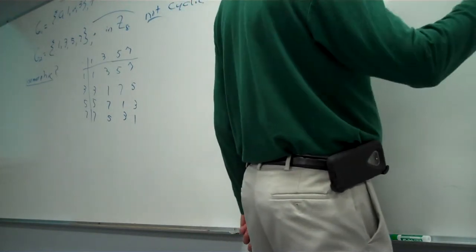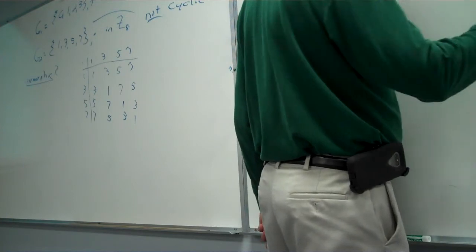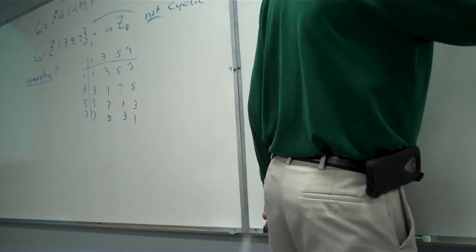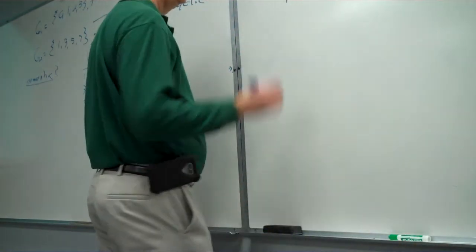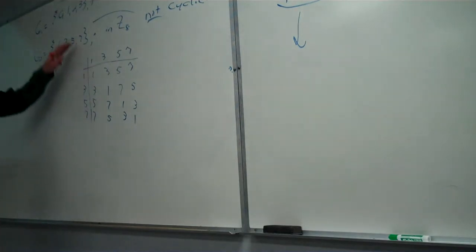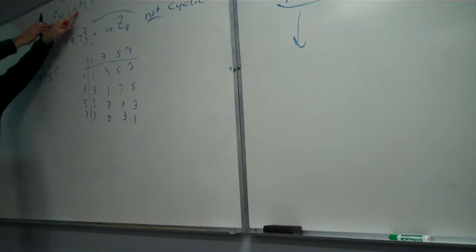In G2, each element is its own inverse. Whereas in G1, that was not the case. What is the inverse of 1? The inverse would be 3. What are we adding to 1 to get the identity?